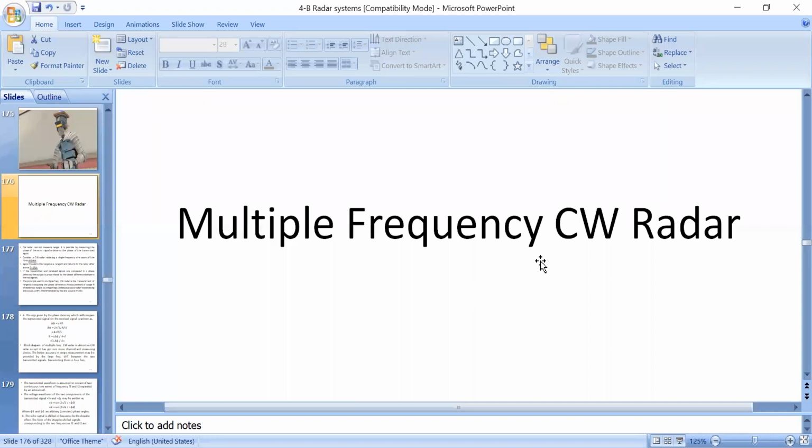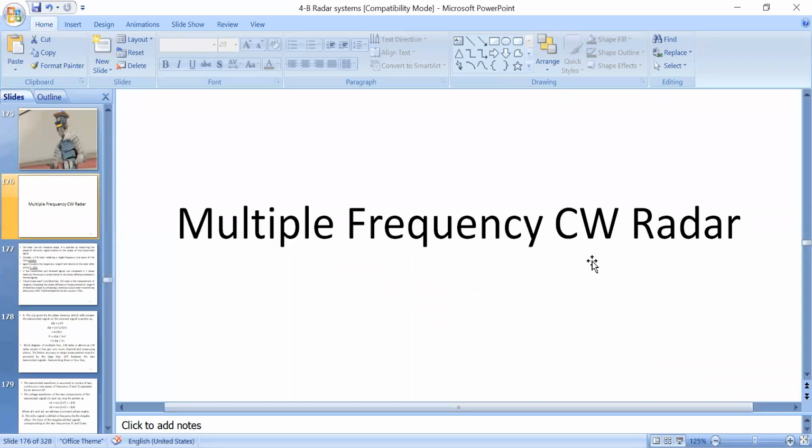But the third limitation, range information of the moving target, is not facilitated even when using a continuous wave radar with non-zero IF receiver. So in order to measure the range information and extend the range ability, we move to the next design, that is frequency modulated continuous wave radar.